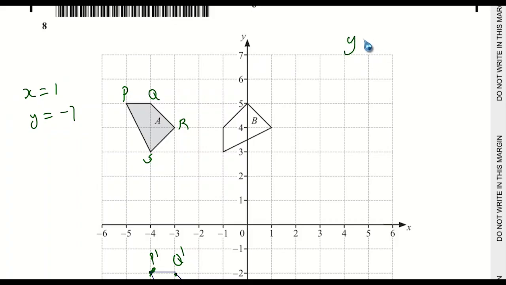If you compare this with the general equation of a straight line, y equals mx plus c, in this case the gradient is 1 over 1 and the intercept on the y-axis is 1. So we have a point here. For the gradient, you rise 1 and move forward 1, so another point will be here. So this will be y equals x plus 1, and you can just draw the straight line here.